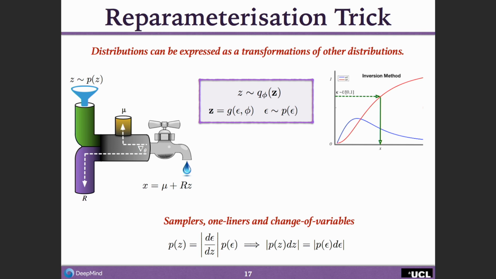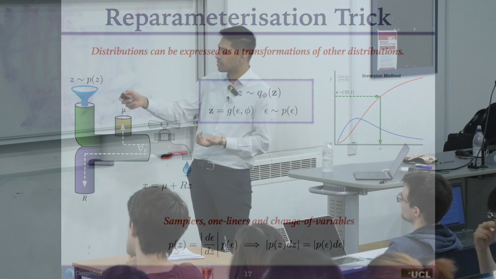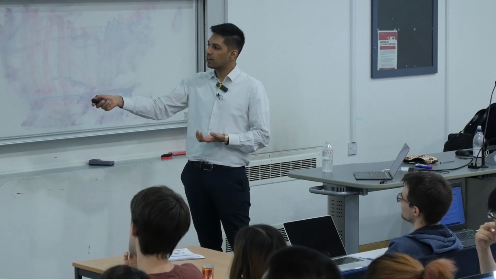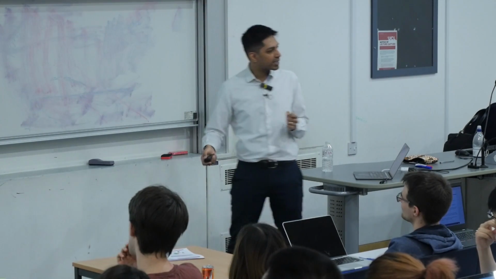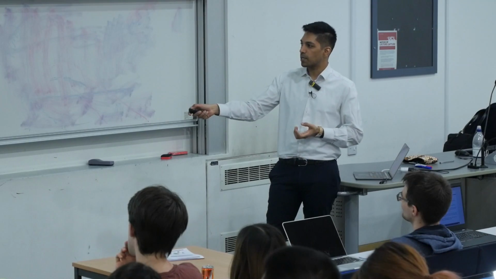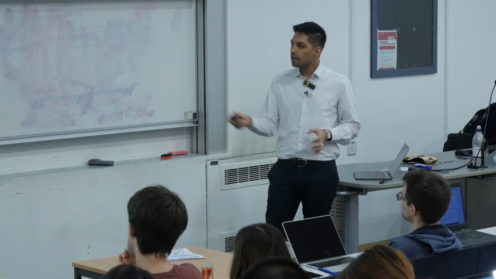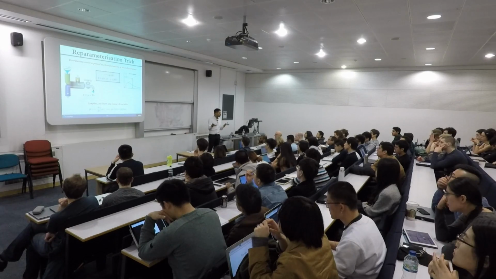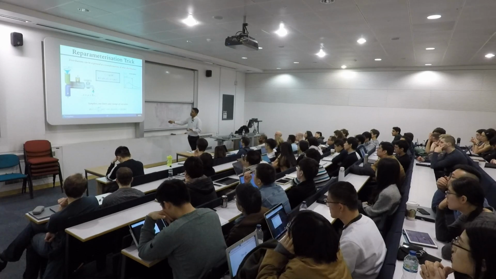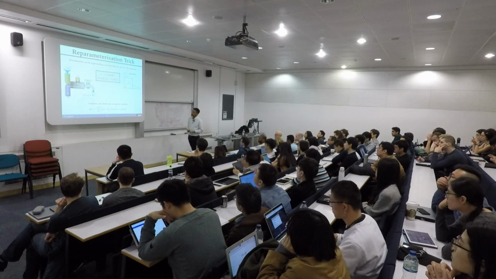Just keep in mind that we are dealing with probabilities, and we must exist in a probability space where things integrate to one and volume is never lost as a conservation property. You can use this loose notation to say that volume of probabilities must be conserved, that p of z times dz must always equal p of epsilon times d epsilon, and that's why you can do manipulations by substituting this for this.